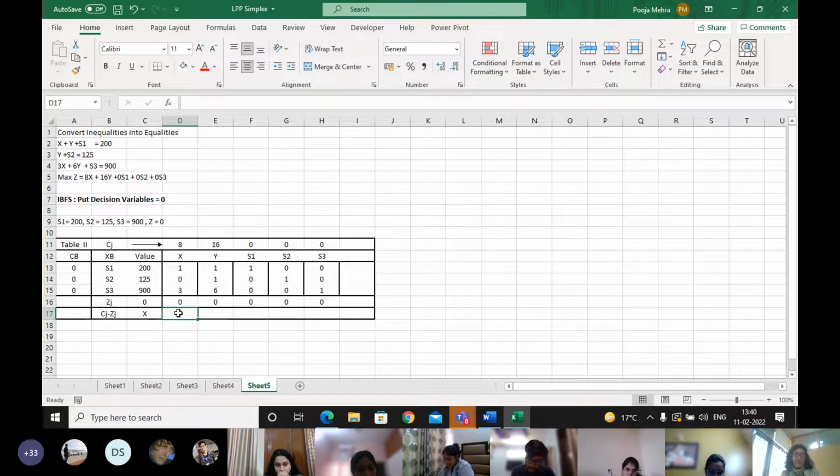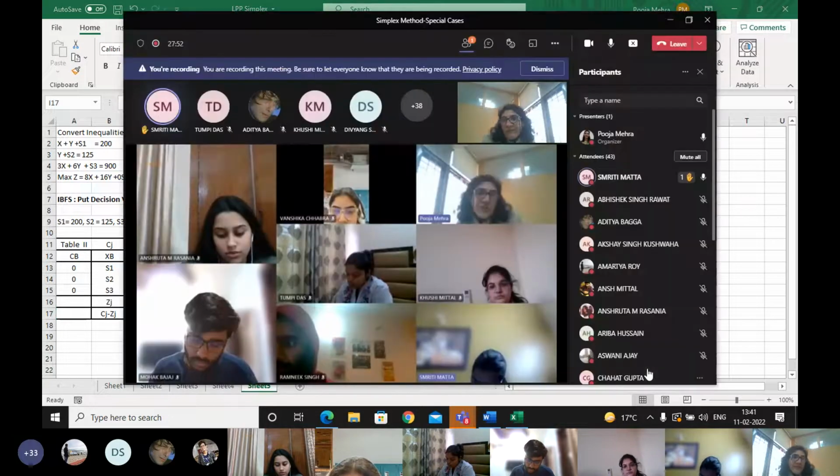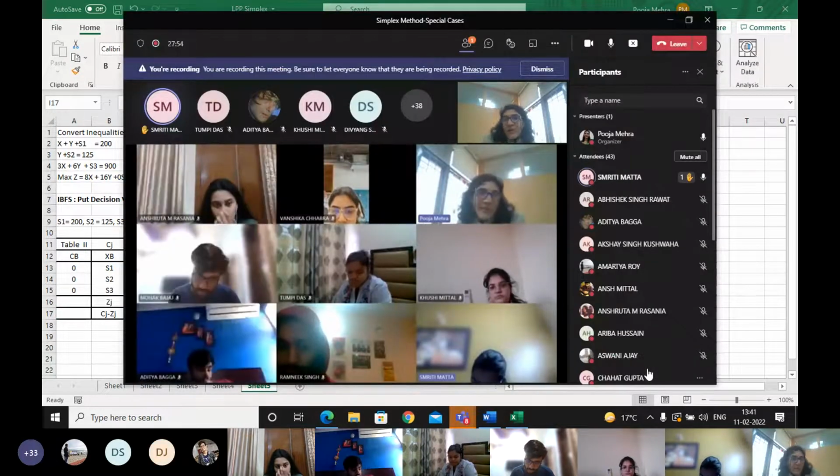Cj minus Zj will be 8 16 0 0 0. Right. So make sure that against the basic variable you have 0 in the index row. Against the basic variable there should be the identity matrix on the row side. These are the things you need to check to see whether your calculation is right or wrong.